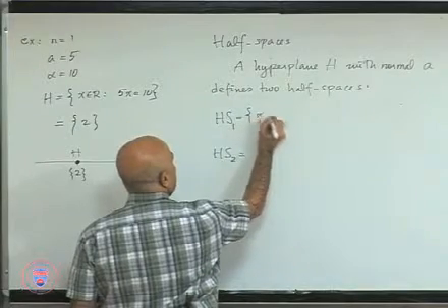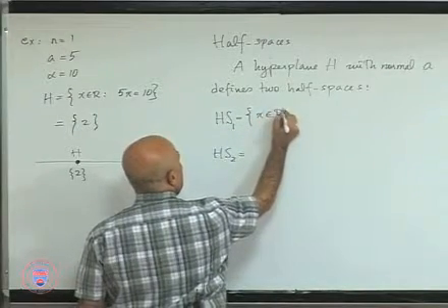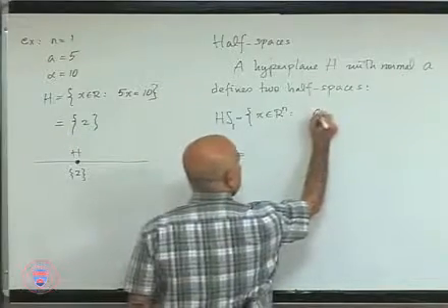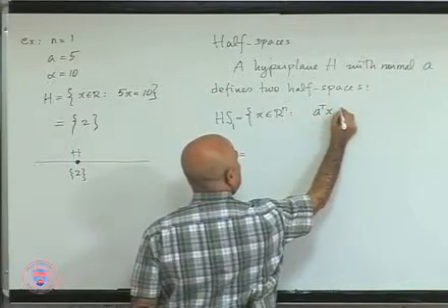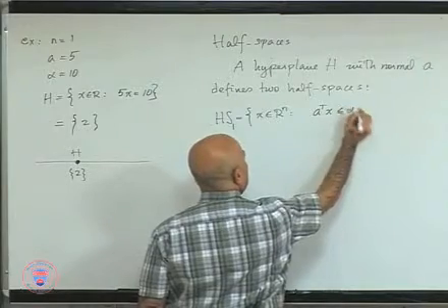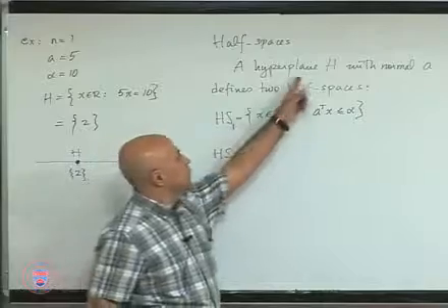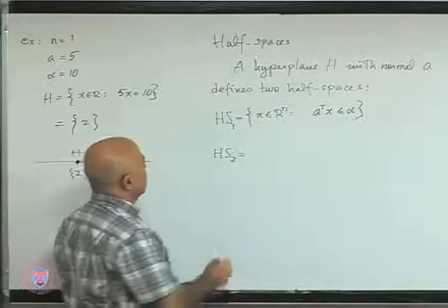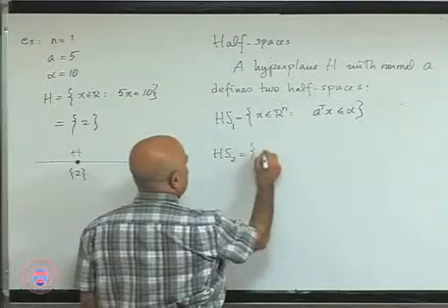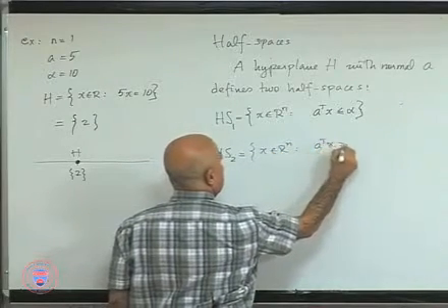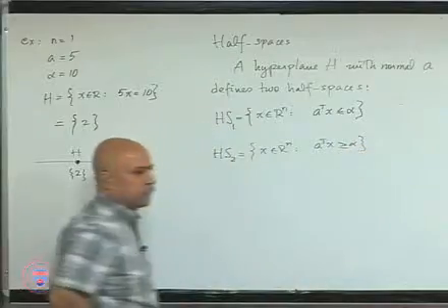One of them is the set of points x in the same dimensional space such that A transpose x is less than or equal to alpha, where alpha is the defining number for the hyperplane. The second one is the set of points x in Rn such that A transpose x is greater than or equal to alpha.